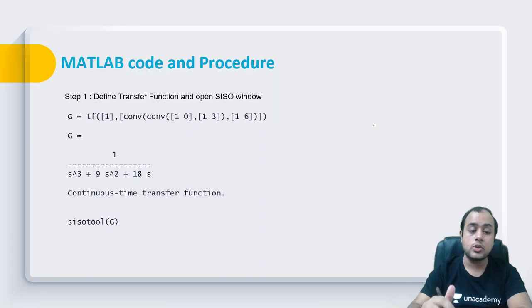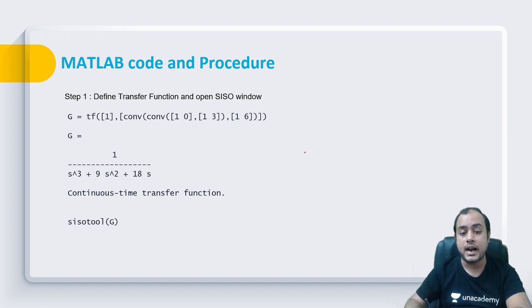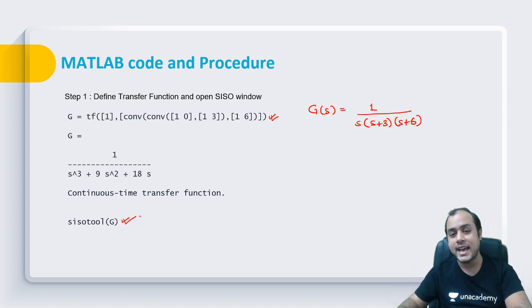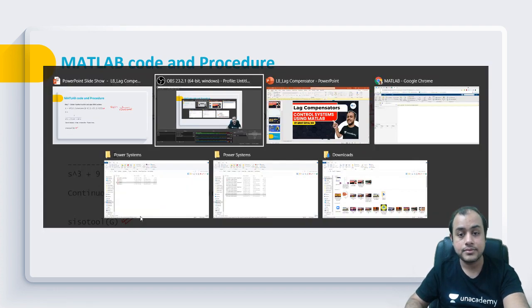As I told you in the lead compensator part as well, you first need to design a control system transfer function, like in this case 1 by s(s+3)(s+6). After which you need to use the SISO tool. So let's directly switch over to Matlab and see if we can do this.